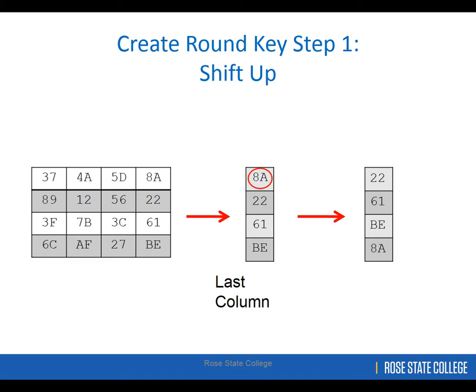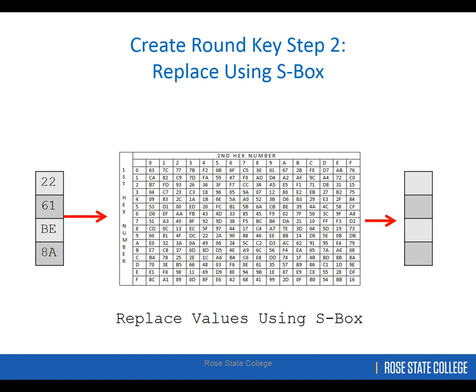So the 22 goes to the top, the 61 goes up, and so on and so forth. So the 8A goes to the very bottom. Easy enough? That's the last column. Then we take that last column and run it through this S-box, not X box. So 22, what do you think 22 will become?